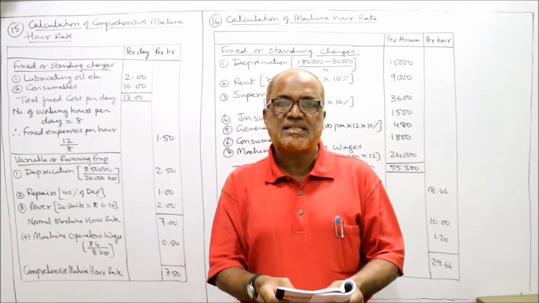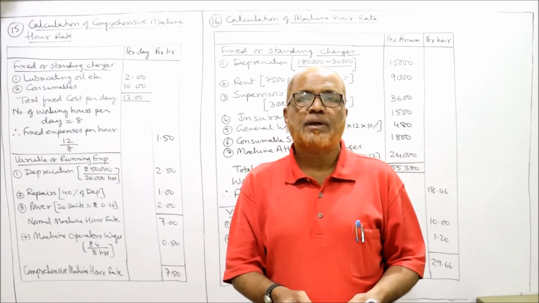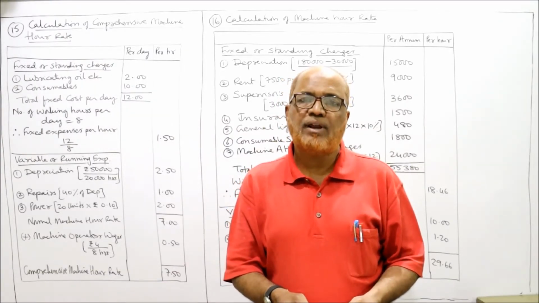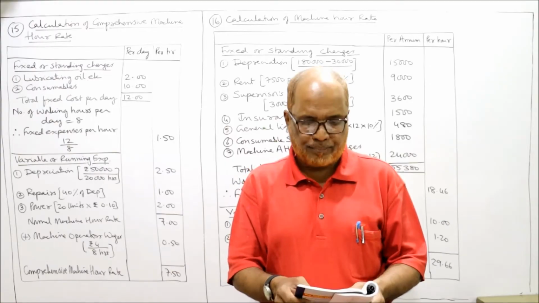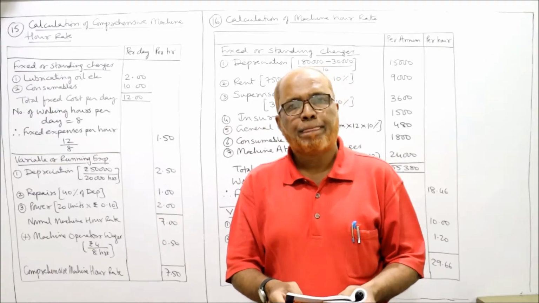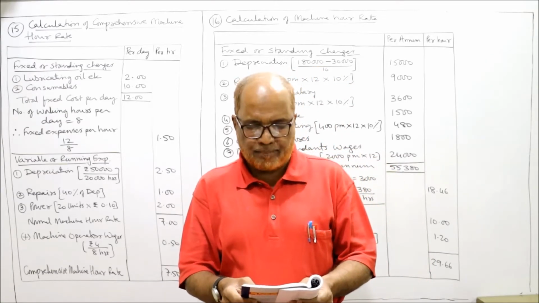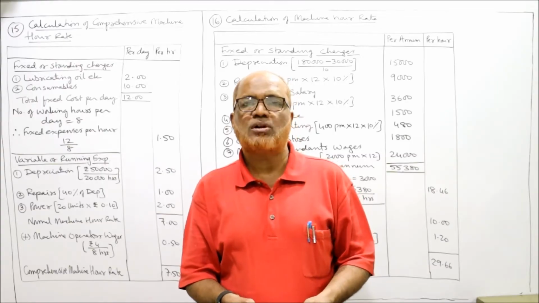Life of the sawmill is 10 years at the rate of 2,000 working hours per year. Total life 10 years, but every year 2,000 hours. So we can treat the depreciation as a variable expense. The residual scrap value of the sawmill is nil. Repair charges are 40% of depreciation.